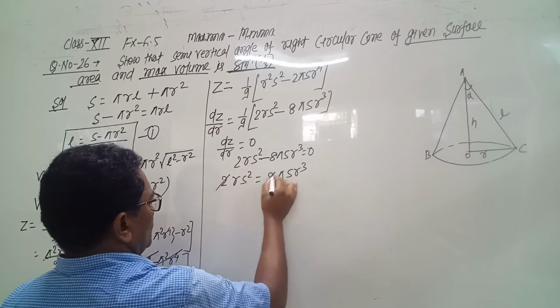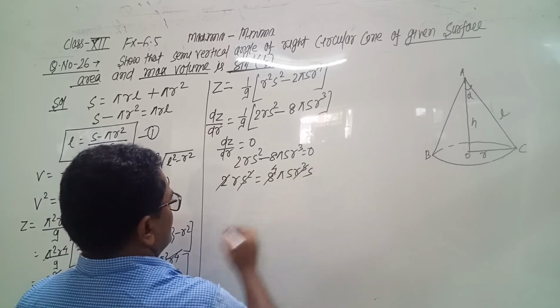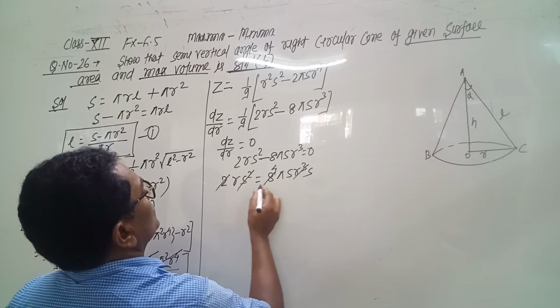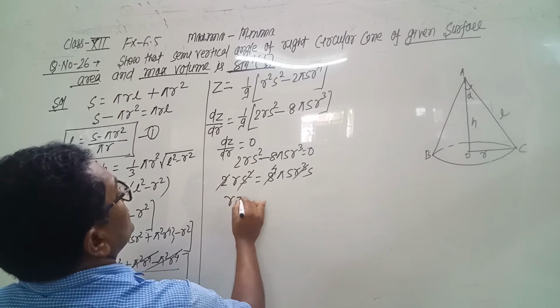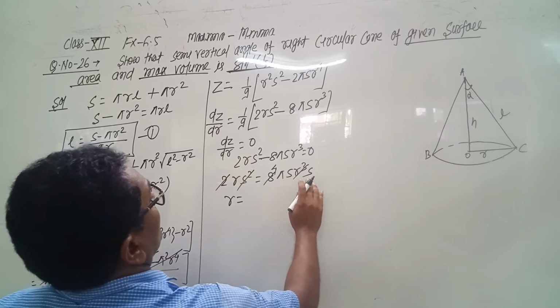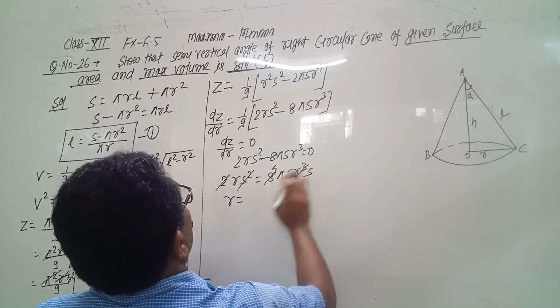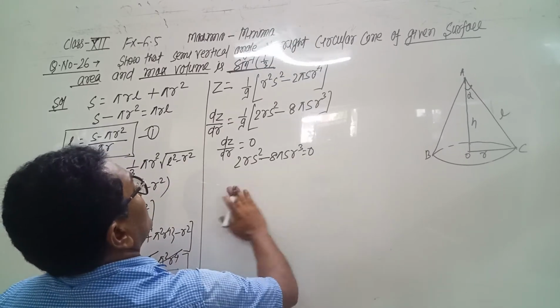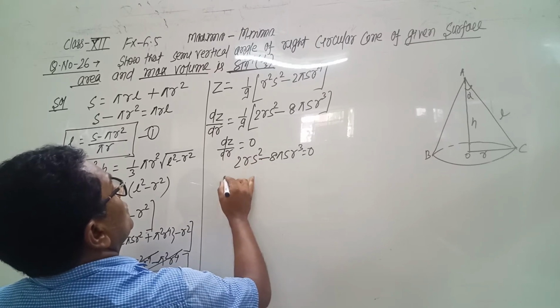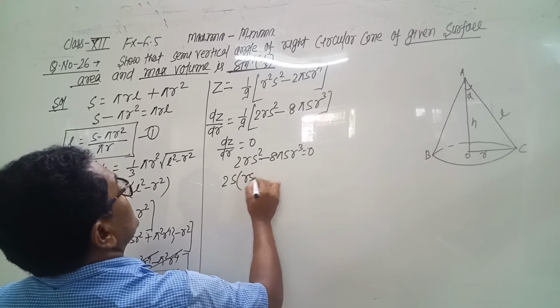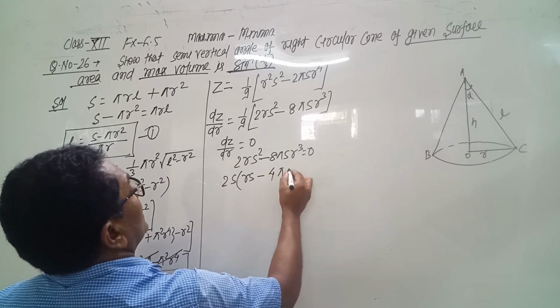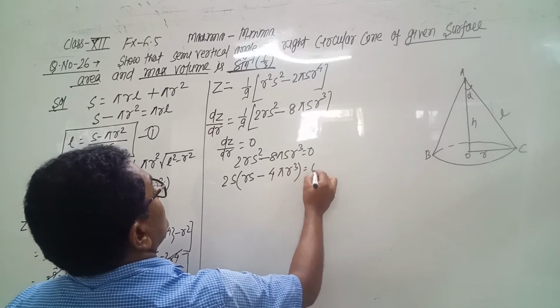We take 2S common. So it comes r S minus 4 pi r cube equals 0.